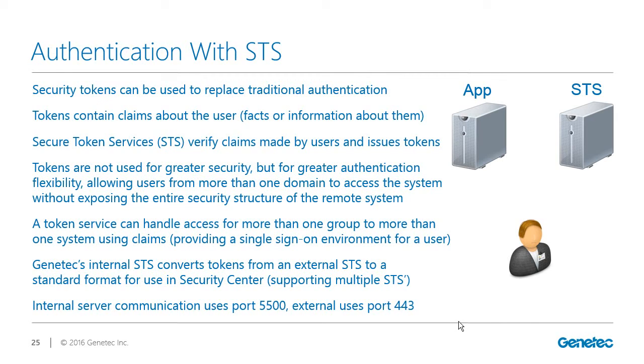What we're doing here, we're still really using a username and password configuration, but it's not to give it more security, it's basically more flexible. So you could have people from outside your system, if you need them to access your Security Center system, and if you're going through an STS, it makes that process a lot easier, and you don't have to open up your whole security system to them. So that's a nice new addition.